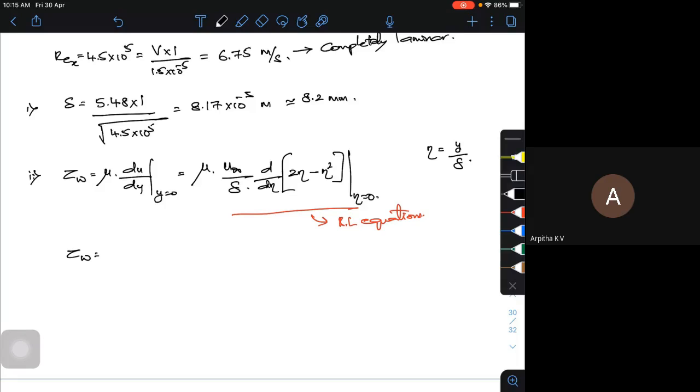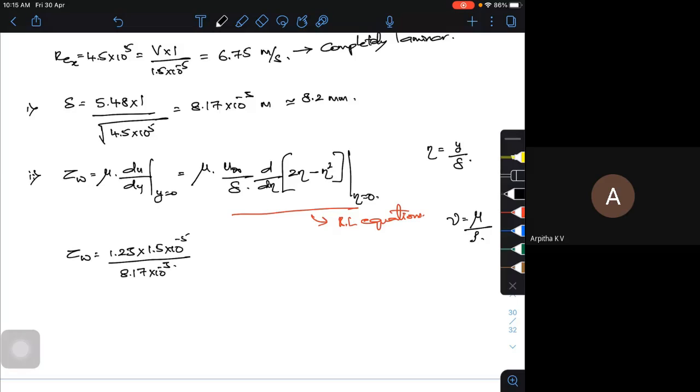So rho is 1.23 and nu is 1.5 into 10 to the power of minus 5, because your nu is given by mu by rho. Okay, so that's what we are trying to do. Then divided by your delta, which we just got as 8.17 into 10 to the power of minus 3.